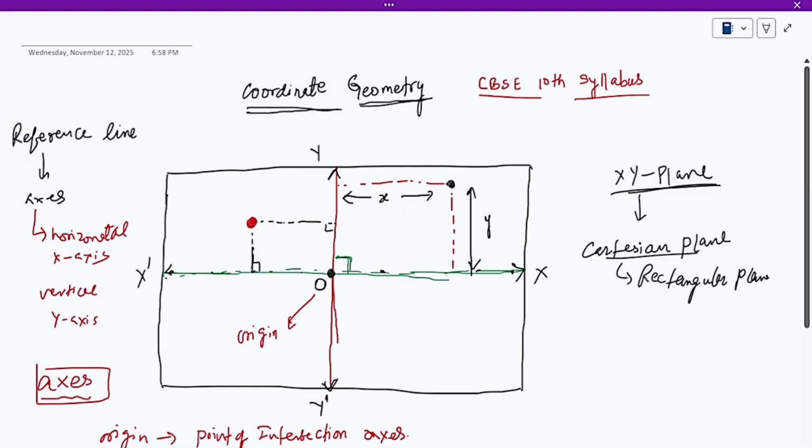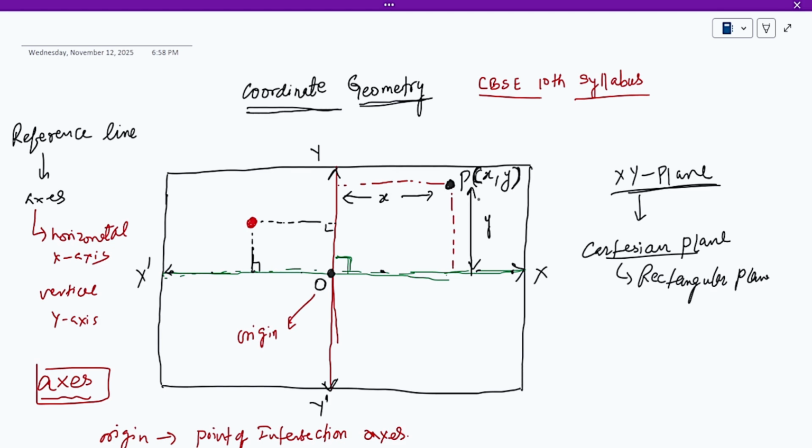So the position of the point from the y-axis is x, and from the x-axis is y. This (x, y), which I write in small brackets, is the position of the point, telling how far it is from the x-axis and the y-axis. This is the coordinate of this point P, or the position of point P in the xy plane.